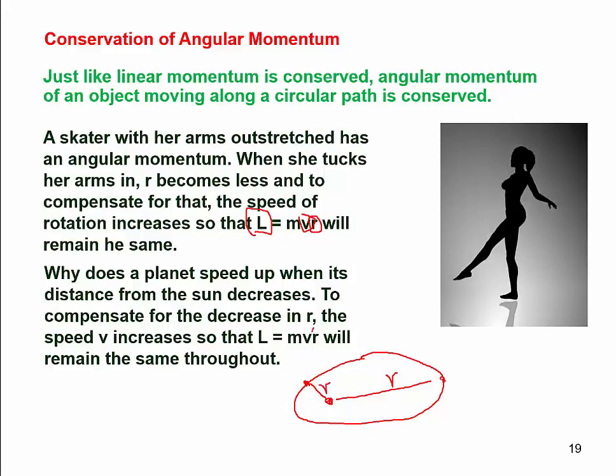When r is small, to compensate for the decrease in the value of r, the value of v has to increase so that the angular momentum L remains a constant. That's what happens in this case, and that is what Kepler talked about in his law. We will look at this again in this lesson.